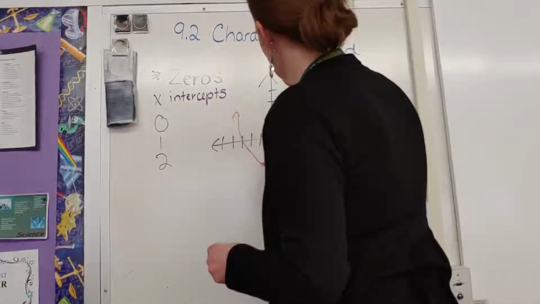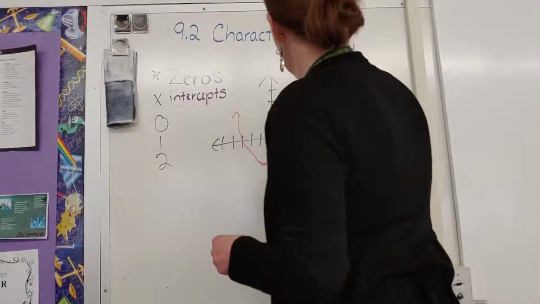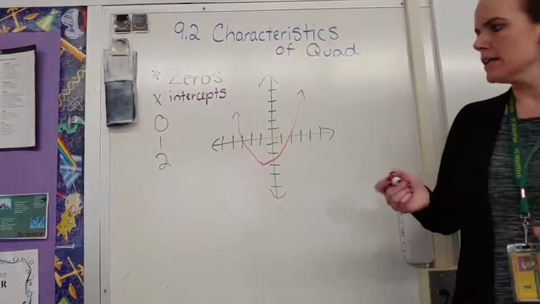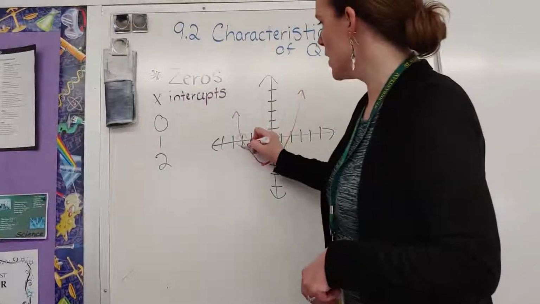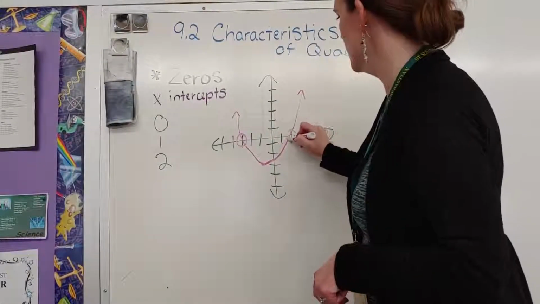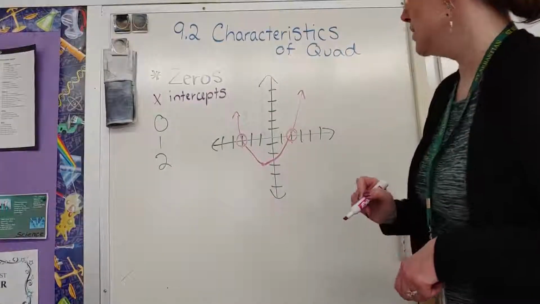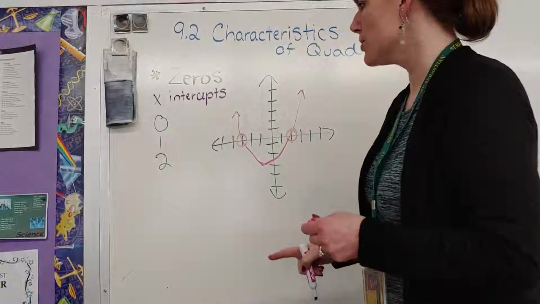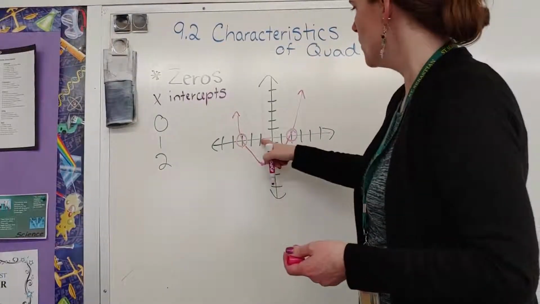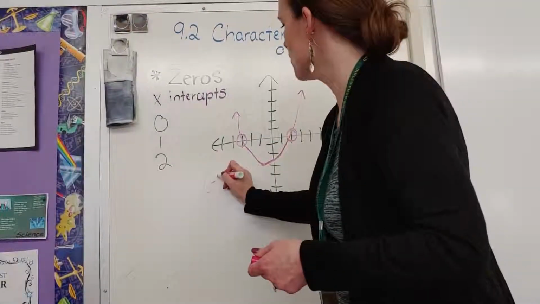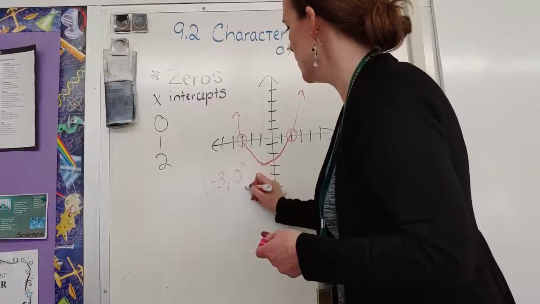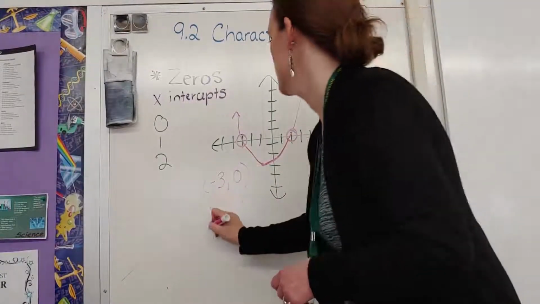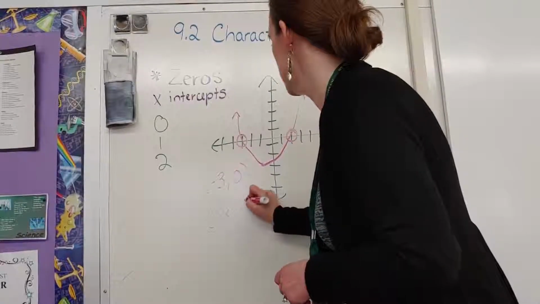And it'll cross through there and there. My zeros are where it crosses. So it crosses here and it crosses here. If you were told to list them, this one would be -3, 0. And this one would be 2, 0.